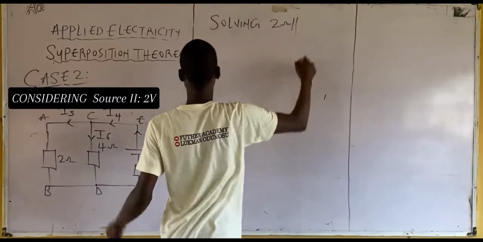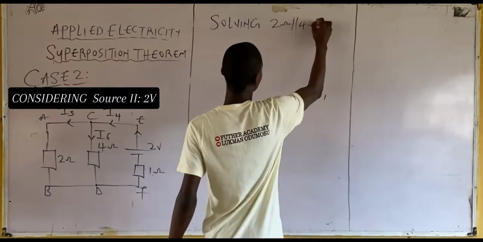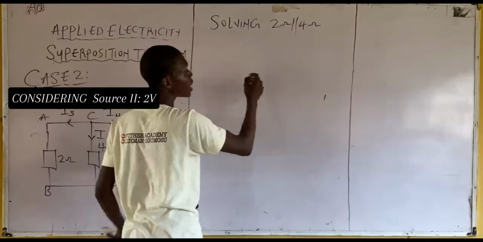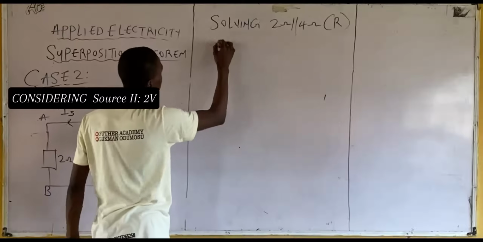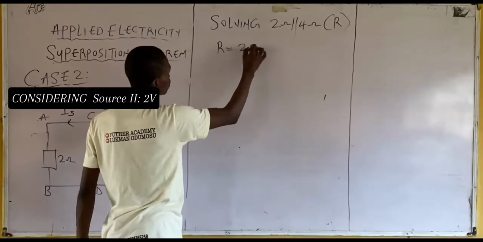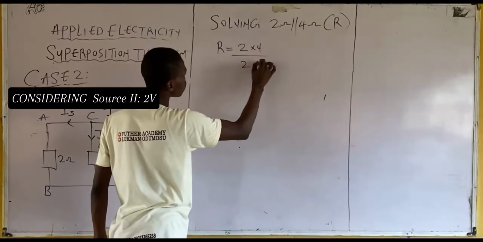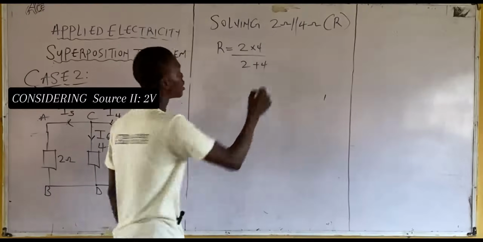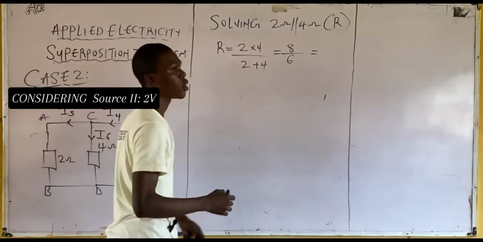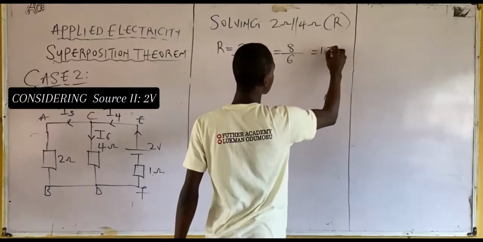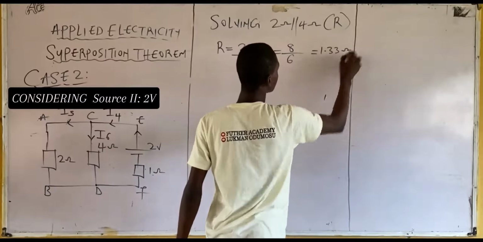Okay, solving the 2 ohm resistor in parallel with the 4 ohm resistor, we denote the equivalent value as R. R is equal to 2 times 4 divided by 2 plus 4, which is 8 over 6. What's the value of this? 1.33 ohms.